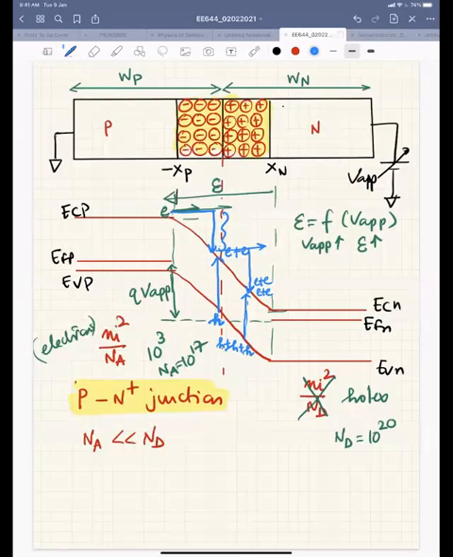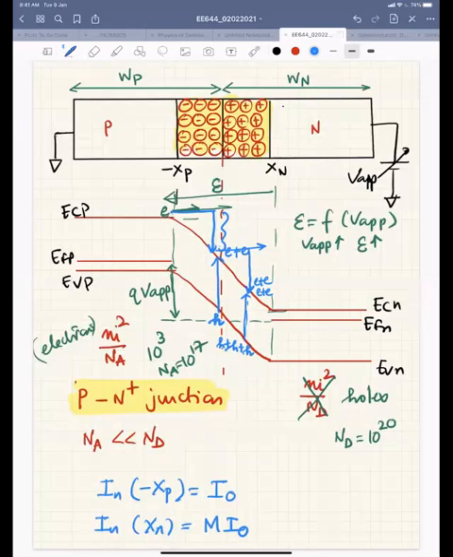So if you see here, I have injected only one electron, and I'm getting more than one electron. If I look at the current here, let's say the electron current at xp was I0. And the electron current at xn, because more electrons are coming out, is some factor M times I0.